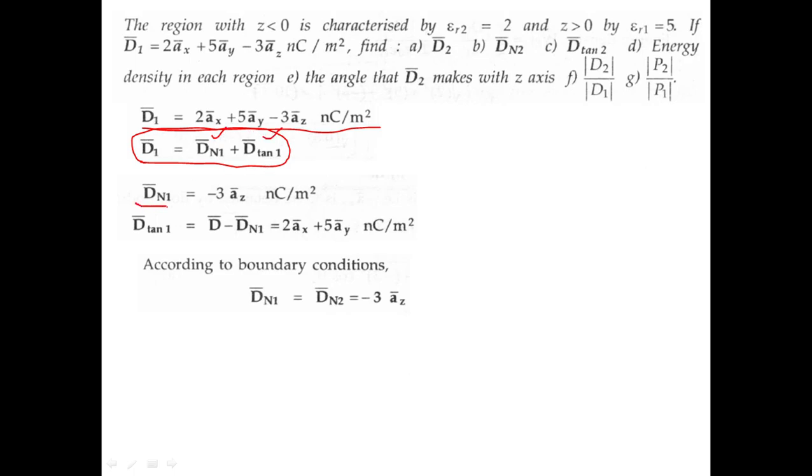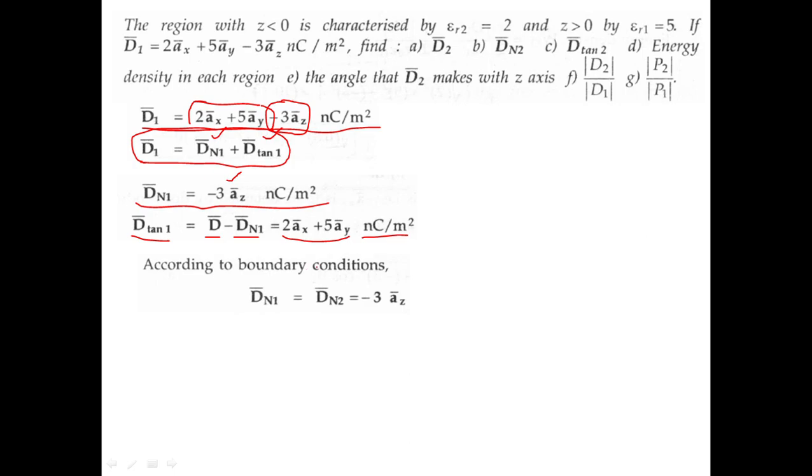Dn1 will be equal to minus 3az cap, since the normal part will always be perpendicular to the xy plane, so along the z-axis. Tangential part will be whatever remains after subtracting the normal part, so D minus Dn1. That is 2ax cap plus 5ay cap nanocoulomb per meter square, right?